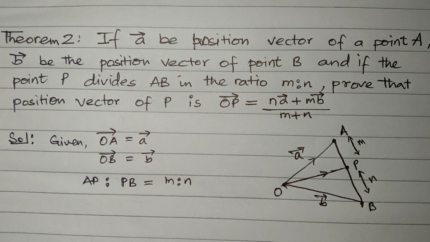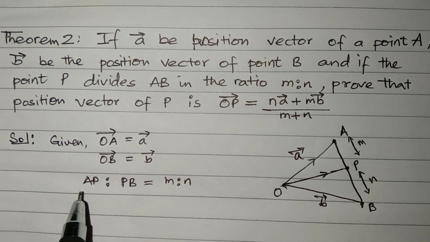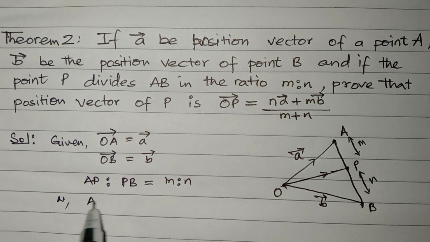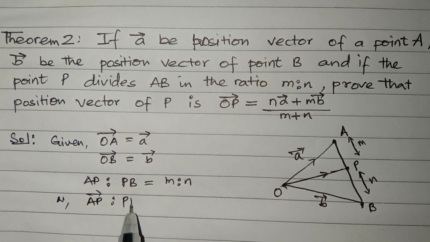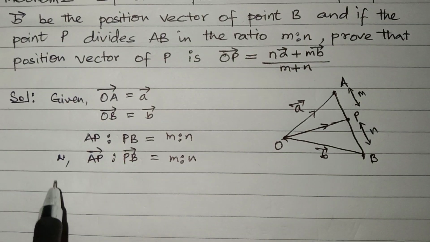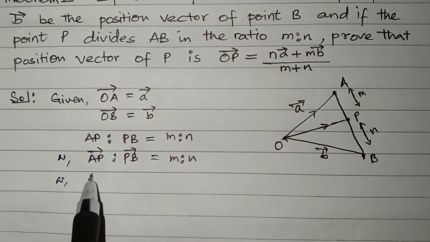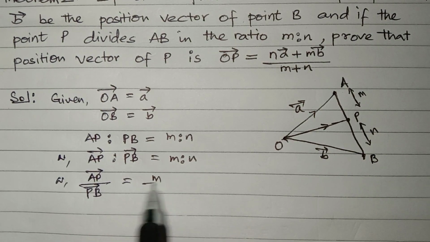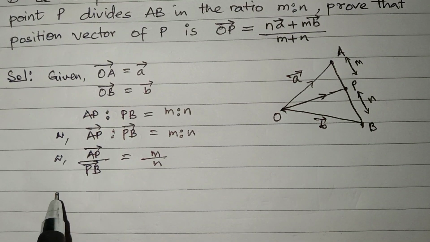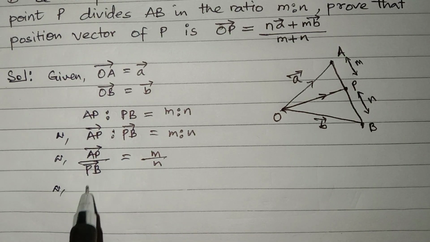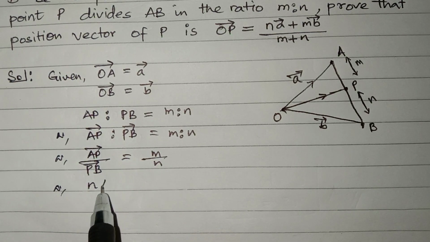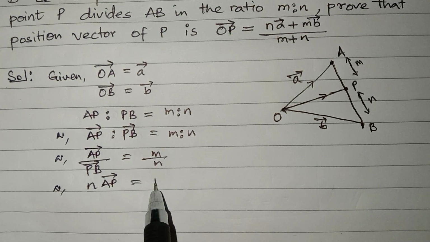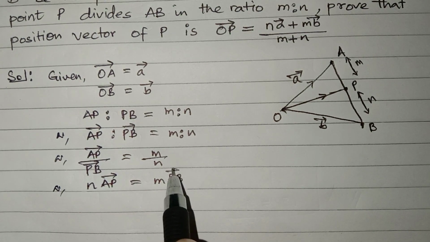So we can say vector AP is to vector PB is also m is to n, or vector AP upon vector PB is equal to m upon n. Then by cross multiplication we have n times vector AP equal to m times vector PB.